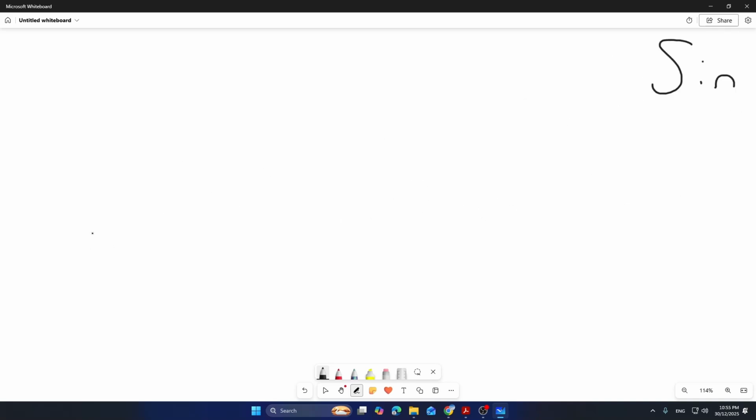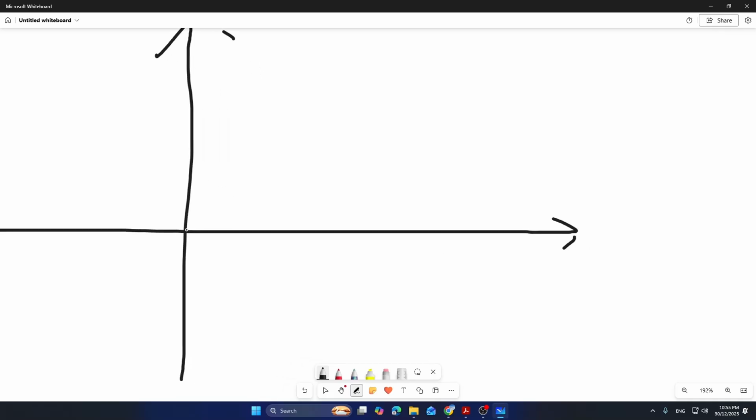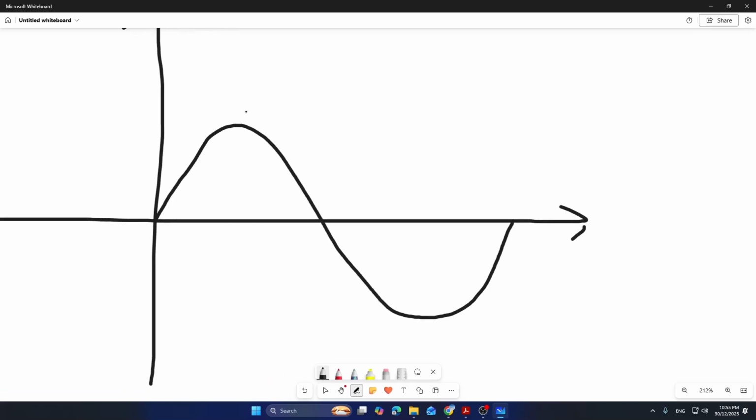When we look at the sine graph, let's draw a sine graph. This is just a sketch of it, not full accuracy. But the important things that you need to know is, a sketch would look like a wave like this. When the graph reaches here, this is 90 degrees.